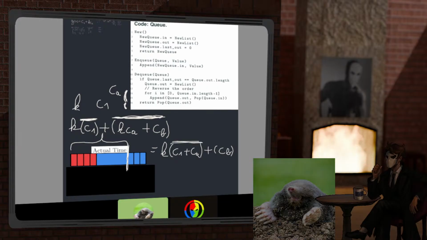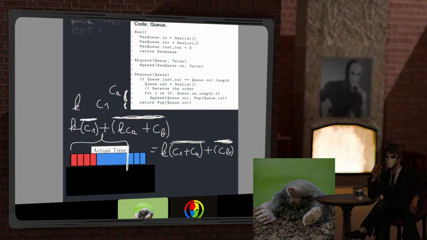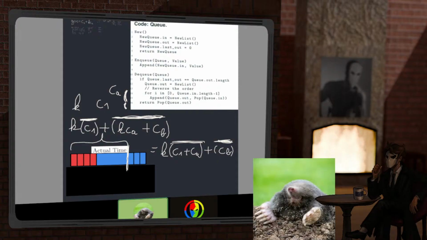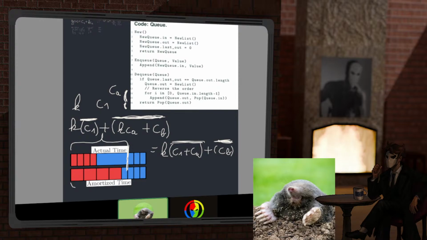This looks awfully similar. We have two terms, and one of them is multiplied by k. This way of writing things would be like saying that each enqueue operation takes a bit more time because it is, in a way, paying up for the big dequeue that will follow.